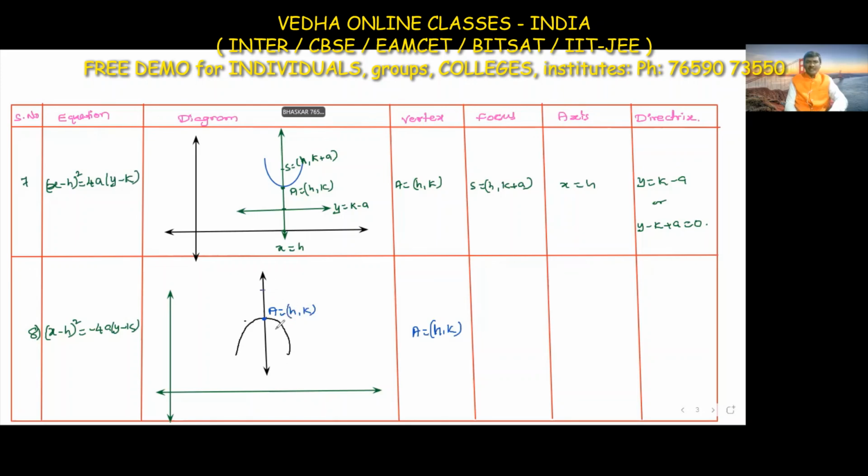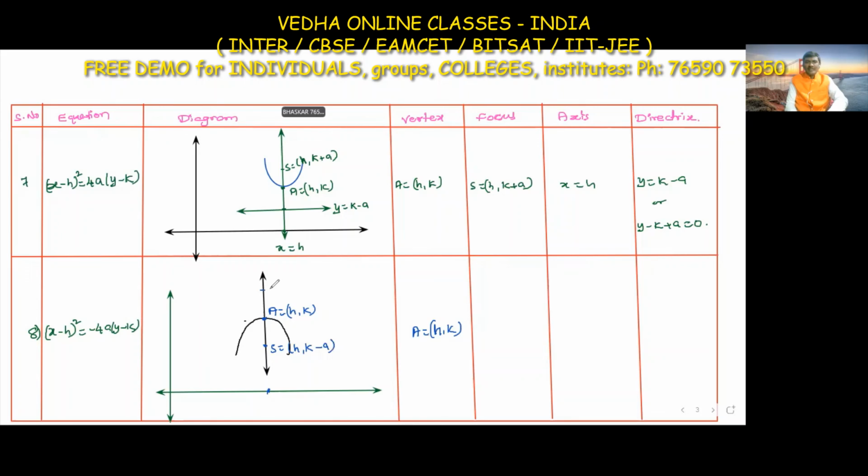So I am taking the same a units distance from A to S, the focus value here. On this line, this is h units. There is no change in the h value, but the k value changes. The distance from the x-axis changes here, k minus a.